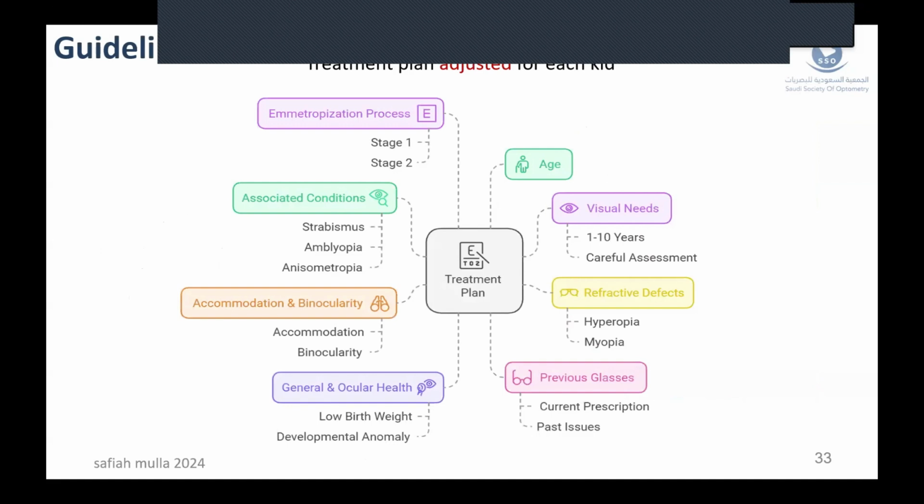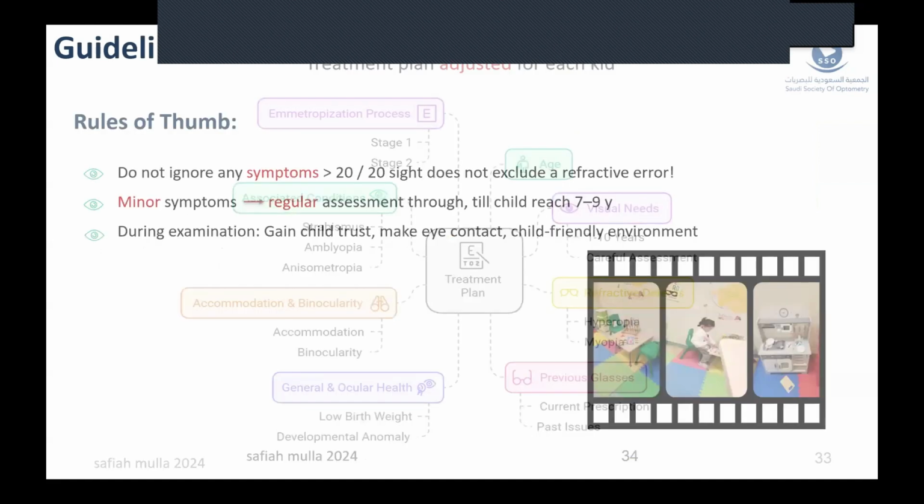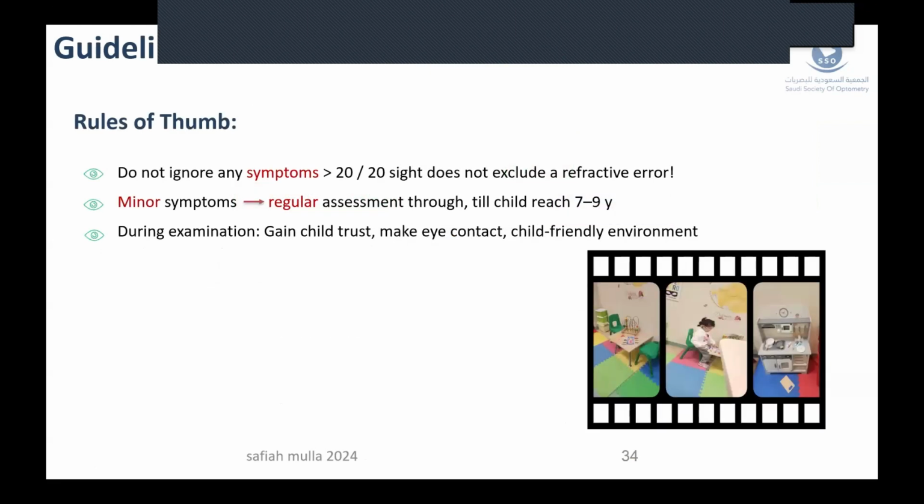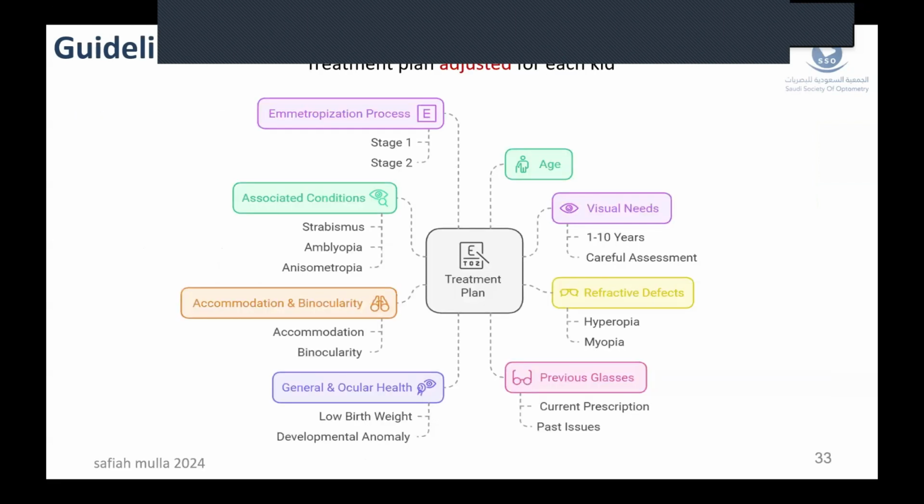The treatment plan should be adjusted for each child according to his emmetropisation process stage, his age, and the visual need. Definitely the child who is 10 years old needs different visual requirements compared to the child of 1 year.